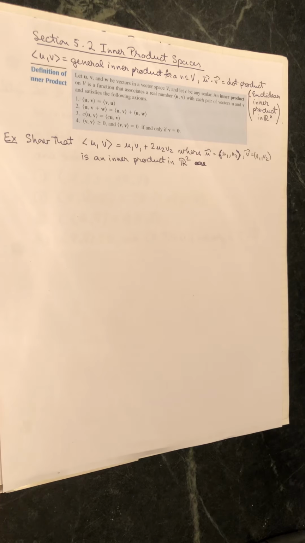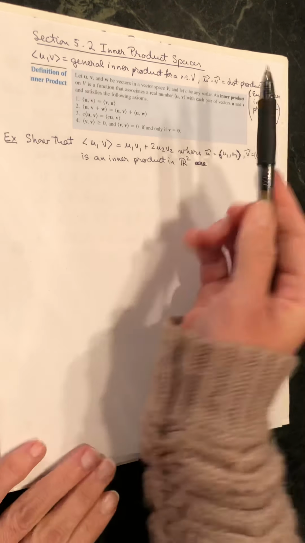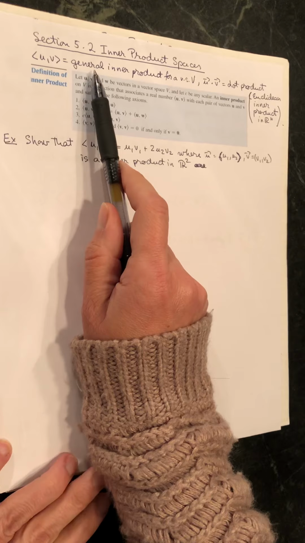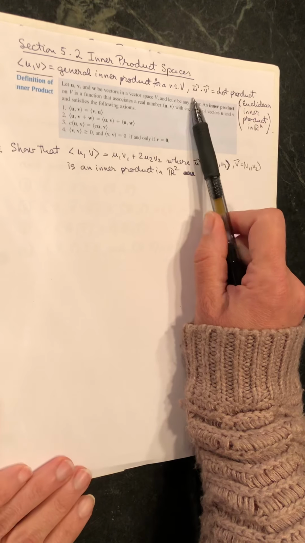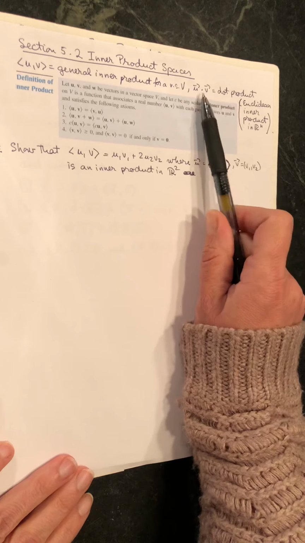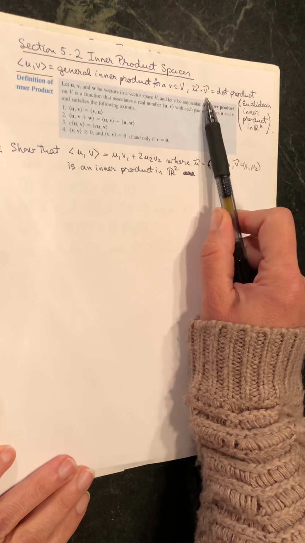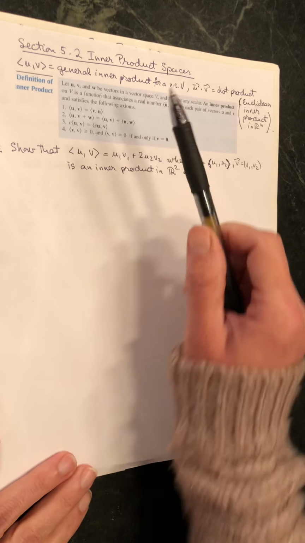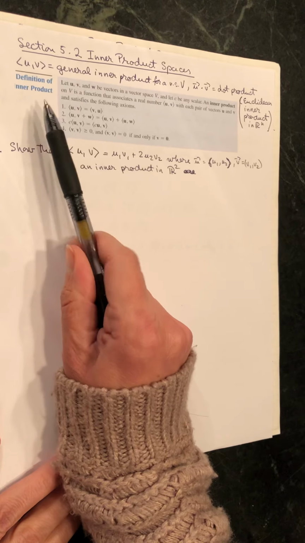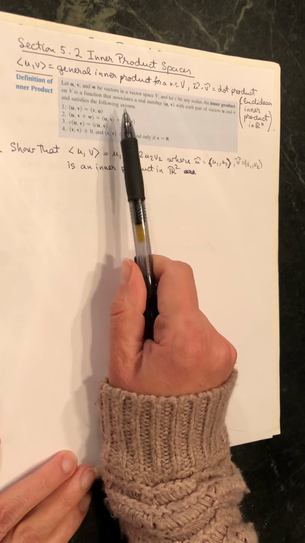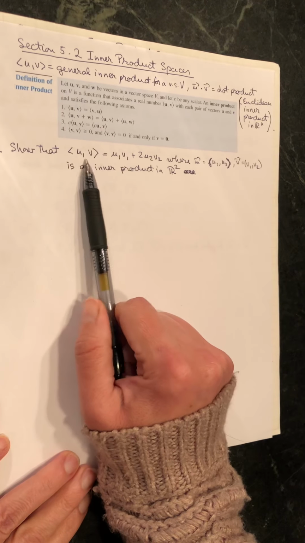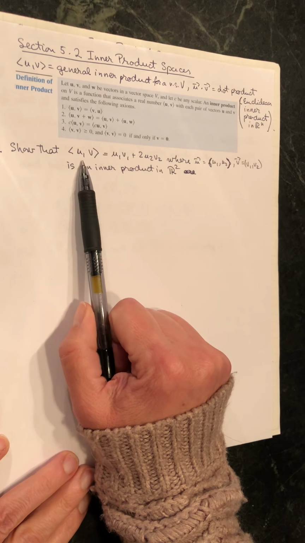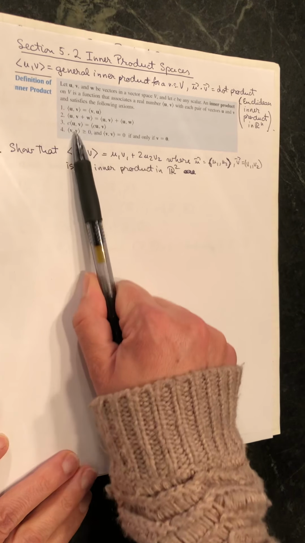Excellent. So let's see. An inner product is a general form of the dot product. We are familiar with one type of inner product, the Euclidean inner product, which we call the dot product right now. In general, an inner product is a way to multiply vectors that follows these four axioms.